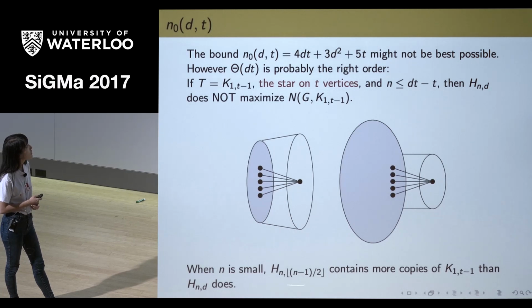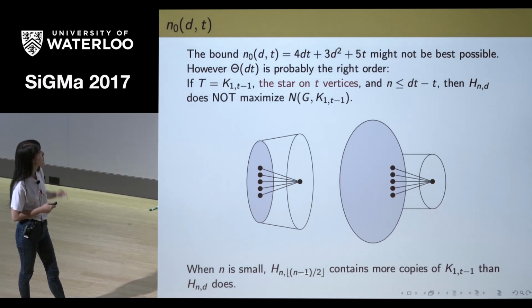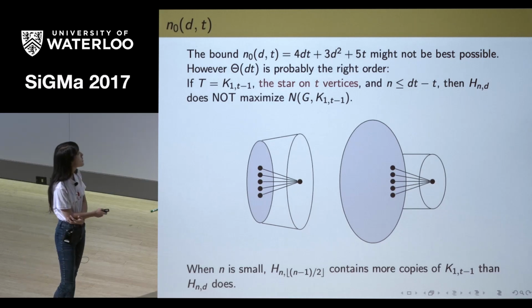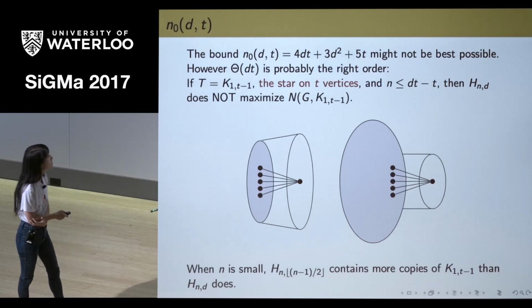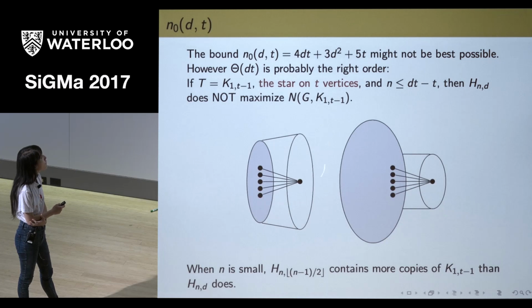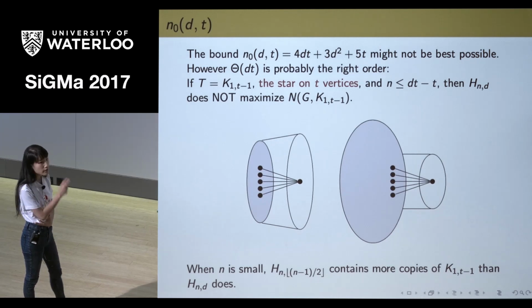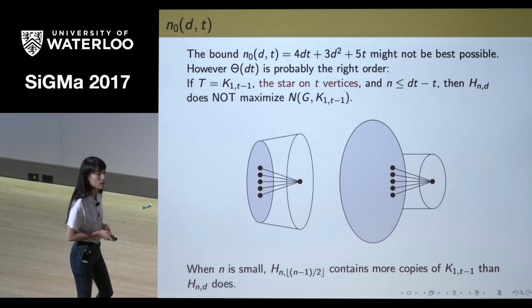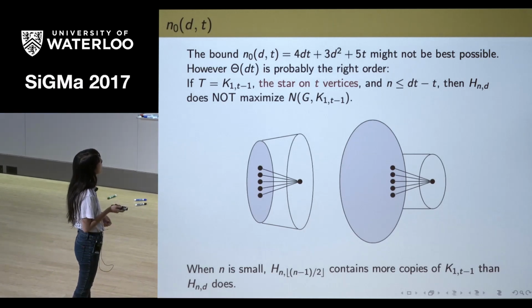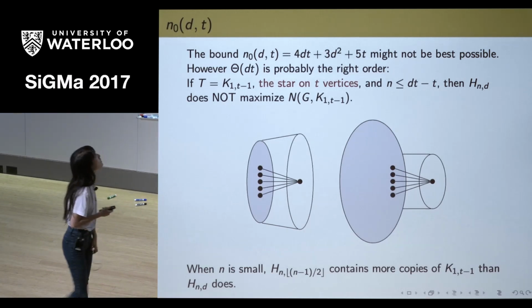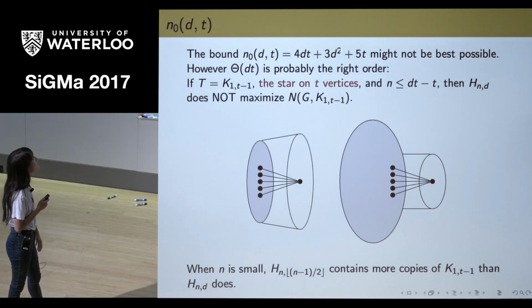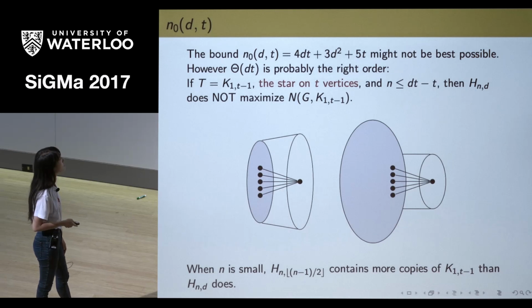Namely this, actually the other end of the extremal examples, H(n, floor of (n minus 1)/2). So here we have a larger independent set and a smaller clique, but we have many edges here, a large complete bipartite subgraph, and there we're going to pick up many copies of stars. Okay. So it's still open, if you want, to try to get rid of this d squared term for whenever d is large compared to t.